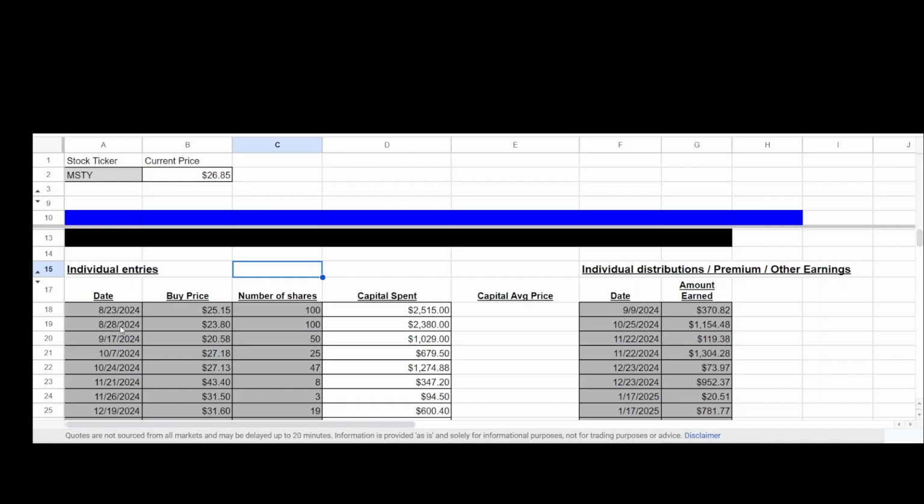Okay, so here we are on my spreadsheet, and we're looking at MSTY. And as before, if you enter in your ticker symbol here, it will kick out the current price. That current price right now being $26.85 at the time of this recording.